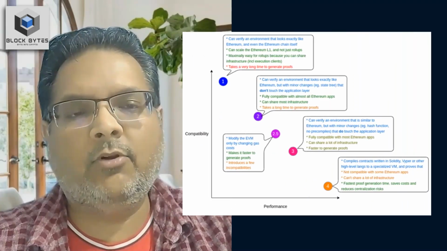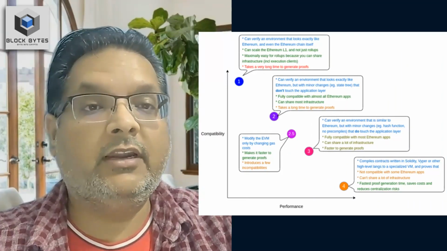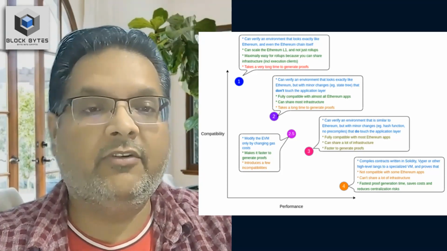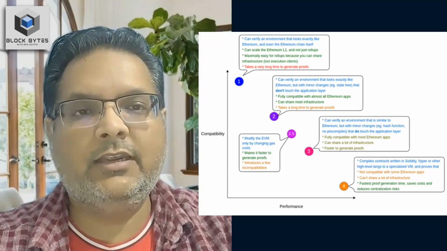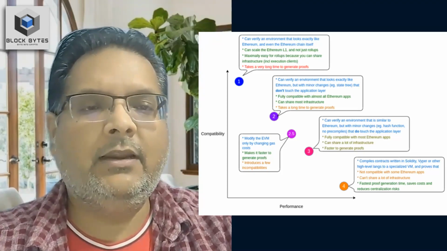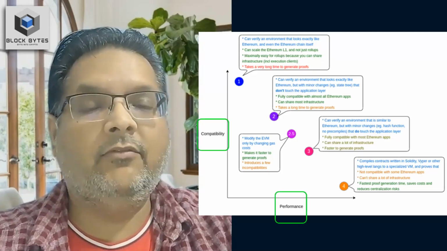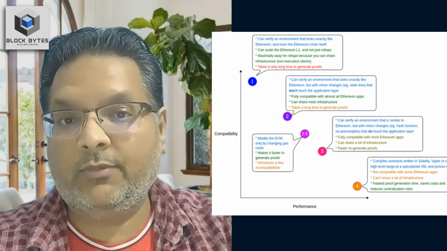As a matter of fact, Vitalik Buterin, in his blog titled "The Different Types of zkEVMs," presents 5 different versions of EVM equivalence, depending on a trade-off between compatibility with the EVM and its performance.